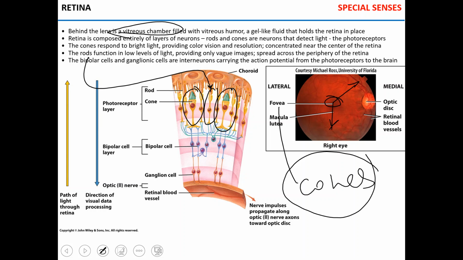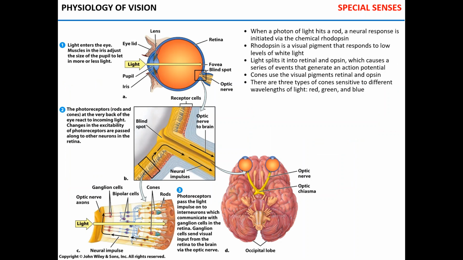So when light interacts with, say, cones on the fovea, that initiates the chemical response through the special chemical called rhodopsin. This chemical rhodopsin is different between rods and all three types of the cones. It's also called a visual pigment.